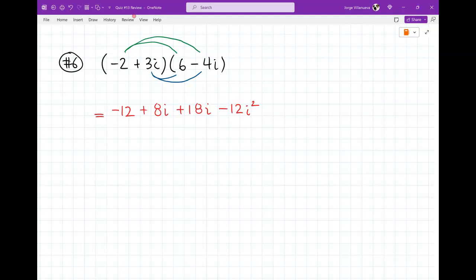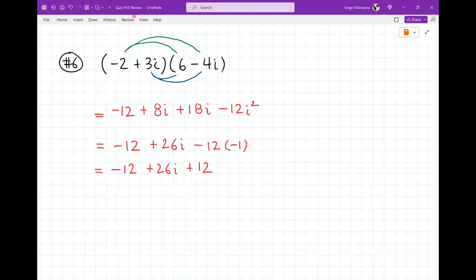Combine your like terms in the middle. So 8i plus 18i, that's 26i. So -12 plus 26i. Minus 12 times -1. Remember, i squared is -1. So -12 times -1, that's a +12. So let me just write this out really quick.